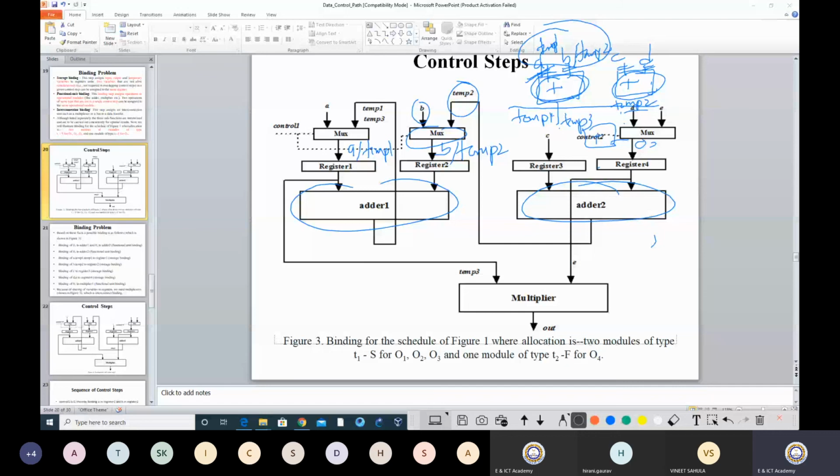So operation 3 will be done by this adder only. Okay. But at the same time, what I want is that C plus D should also be added. So in parallel I will use another adder where I can store C directly. I will store D directly.